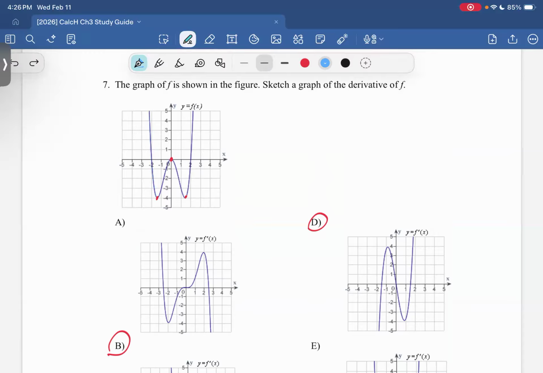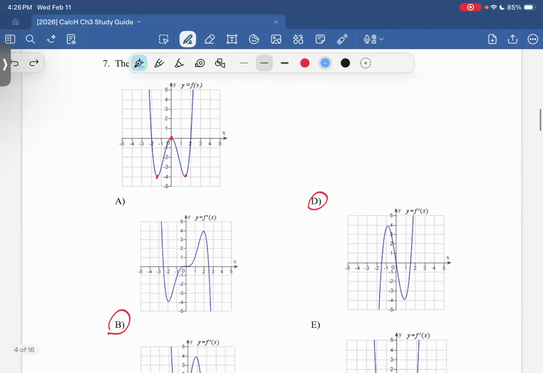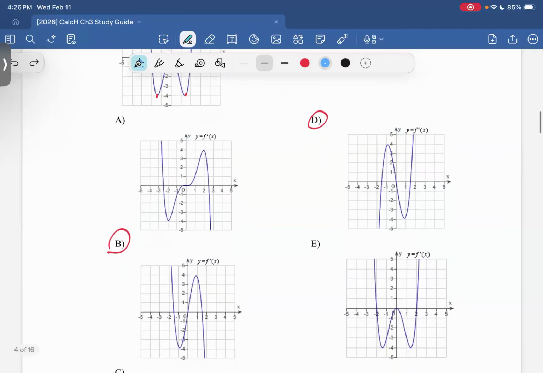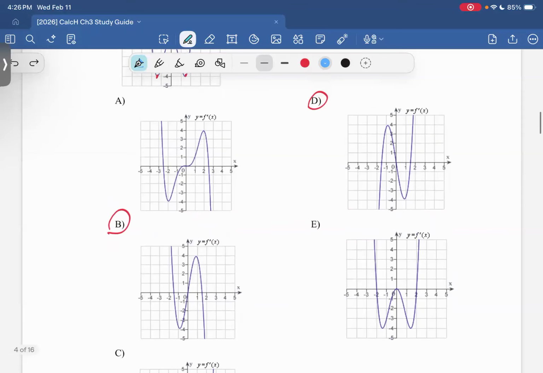So that means that the derivative must be negative from negative infinity to negative 1.5. And that tells us that the answer must be D, because only D has a negative value from negative infinity all the way up to negative 1.5.